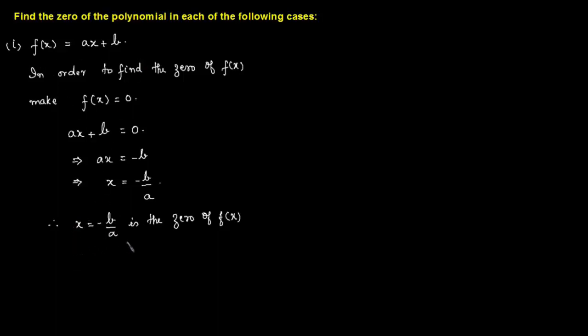Therefore, all linear polynomials have one and only one 0. Now, this is a very important point to be noted.